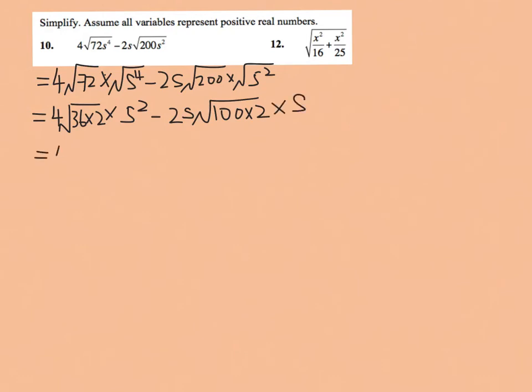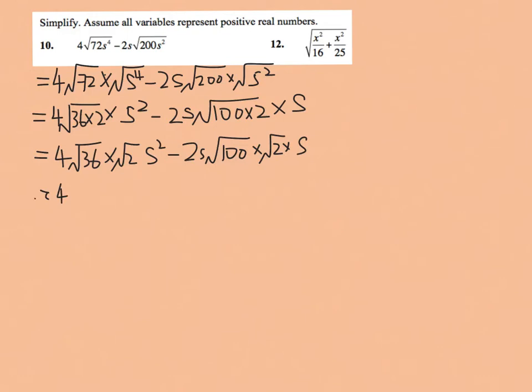So you end up with 4 root 36 times root 2 s squared minus 2s root 100 times root 2 times s, and 4 times 6 root 2 s squared minus 2s times 10 times root 2 times s.